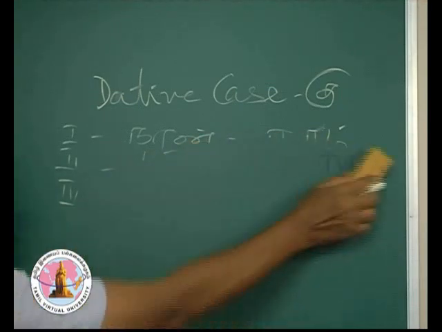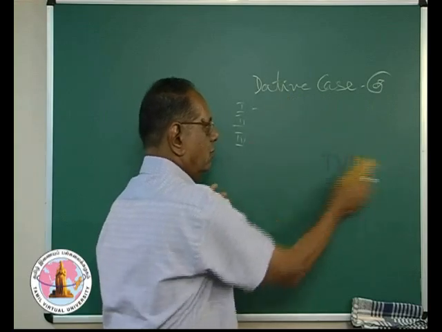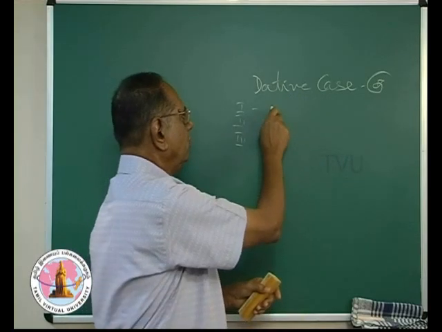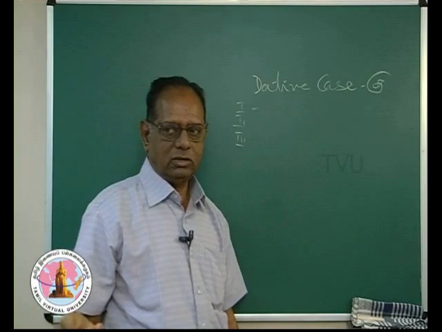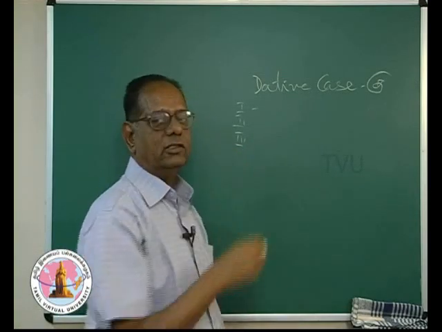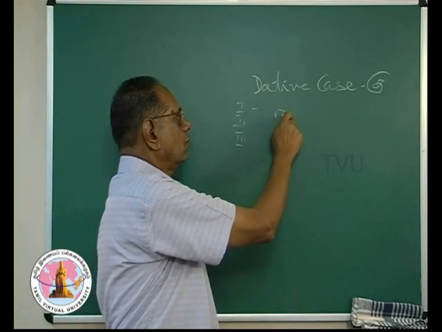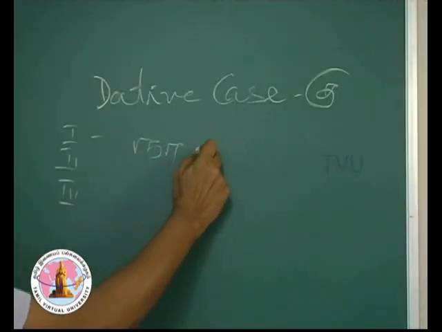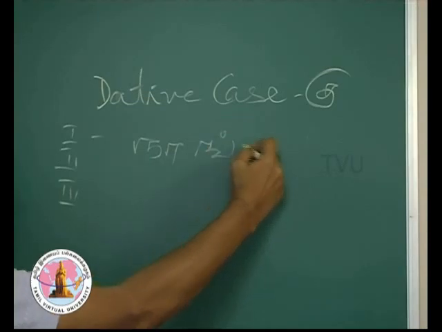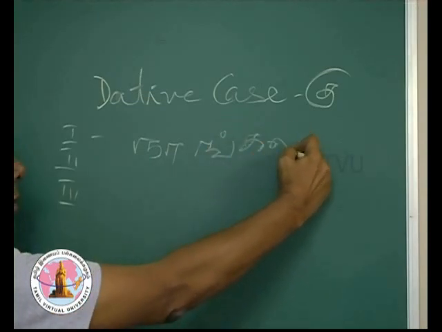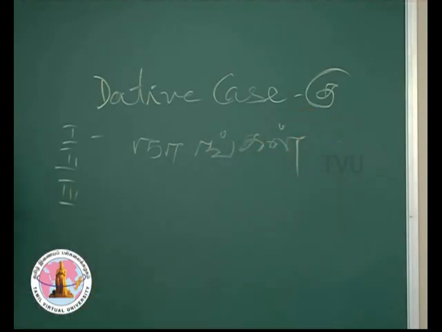When we take up the plural for these, we find there is some change. What is the plural for first person? Nangal. There are two plural forms for non.